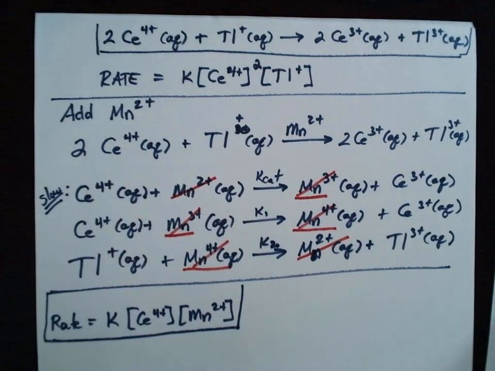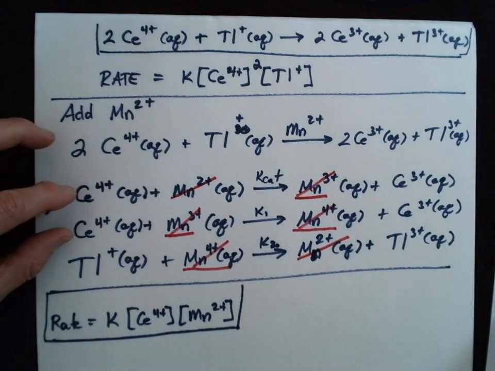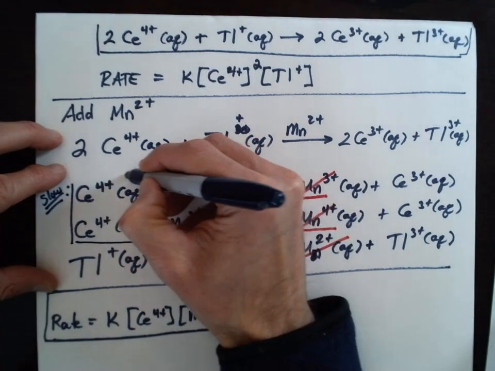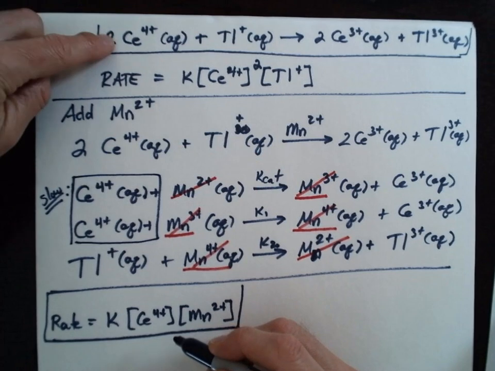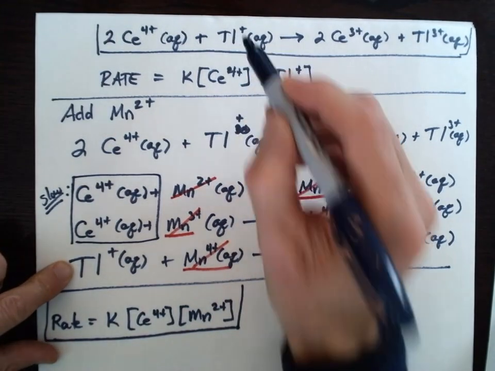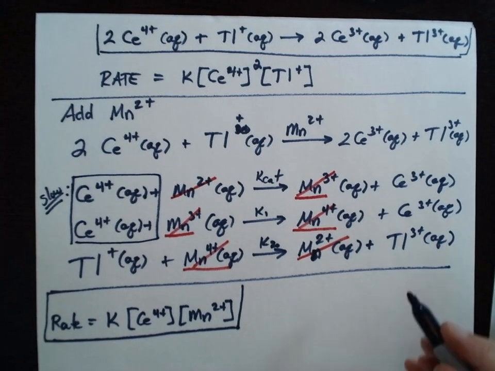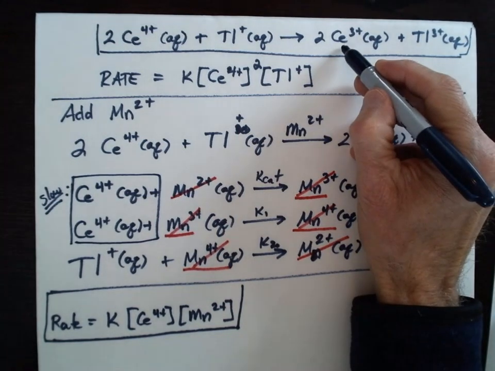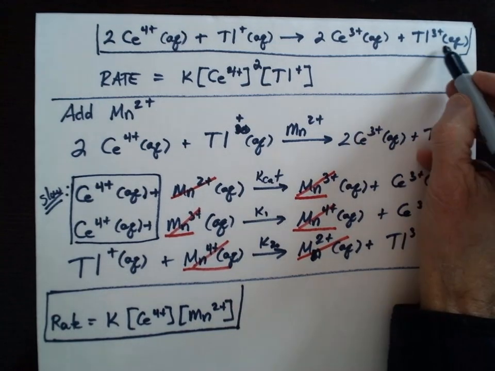And look what ends up happening. We're left on the reactant side with 2 cerium 4s and a thallium 1. On the product side, we produced 2 cerium 3s and a thallium 3.